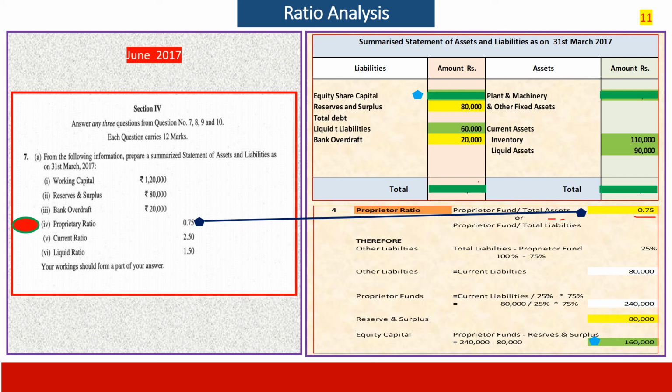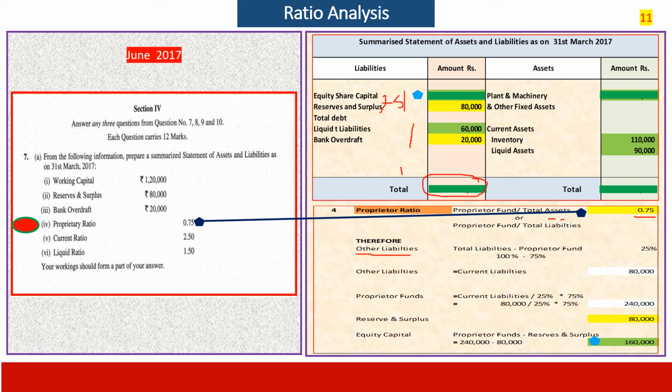If you take this total as 1, total liabilities minus proprietors' fund is equal to other liabilities. The first two are proprietors' funds, share capital plus reserves and surplus. Other liabilities are liquid liabilities and bank overdraft.